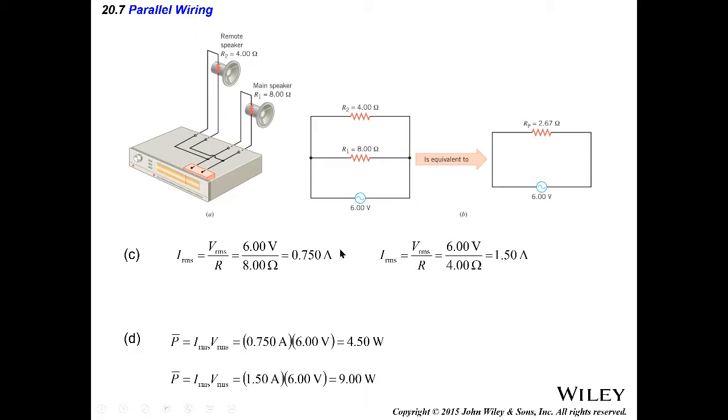That's why when you add the two, it is still 2.25. So that 2.25 amps is split into 0.75 amp and 1.5 amp.